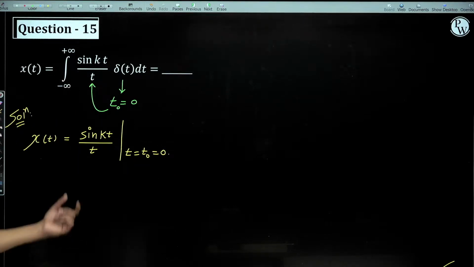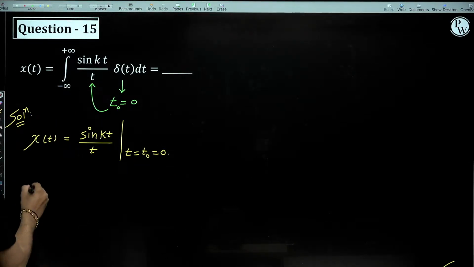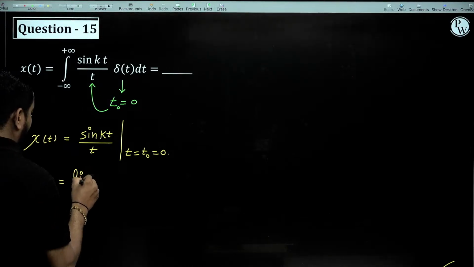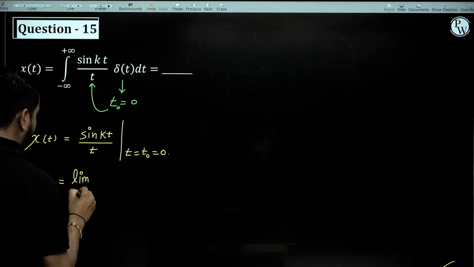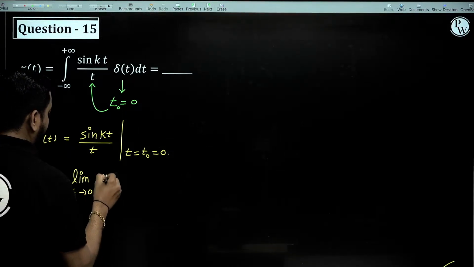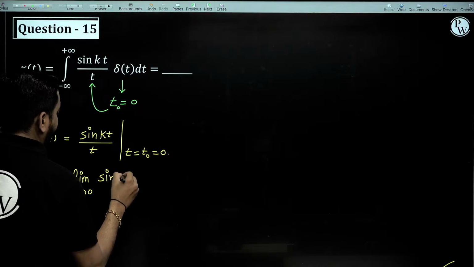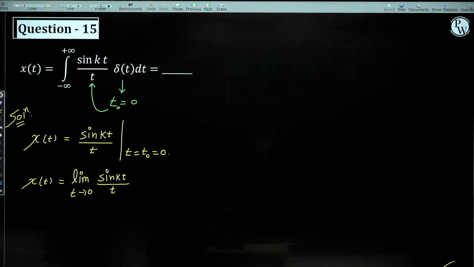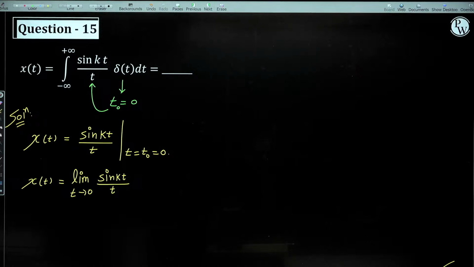So what is the answer at t equal to 0, guys? You can write it like this: x of t is nothing but the limit as t tends to 0 of sin kt by t, correct?